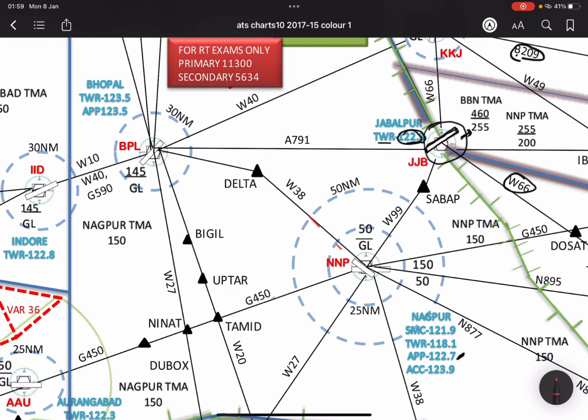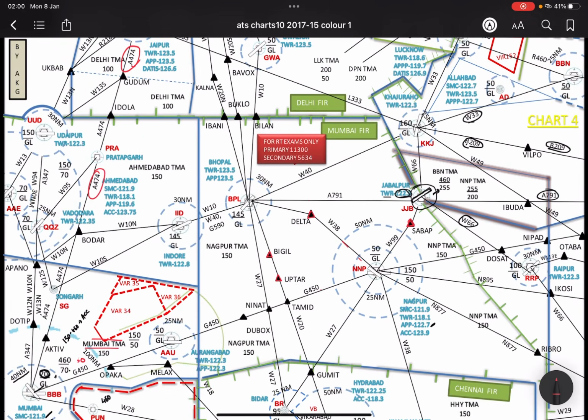Like Sabap, it means nothing, but it's just a combination of 5 letters which is unique to this identification marker. Okay, similarly Delta, similarly Bijil, similarly Uptar. If you look at it, you can track and navigate from anywhere. Okay, say that we were supposed to navigate from Bravo all the way to Khajuraho, which is here.